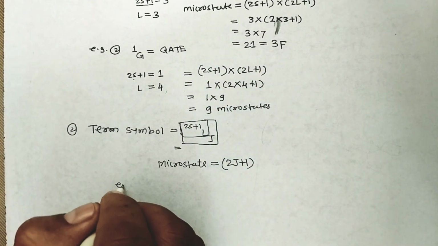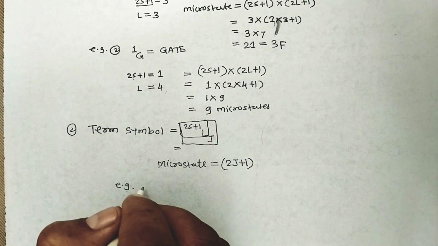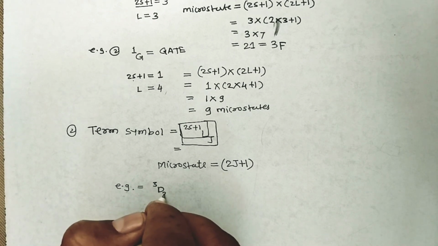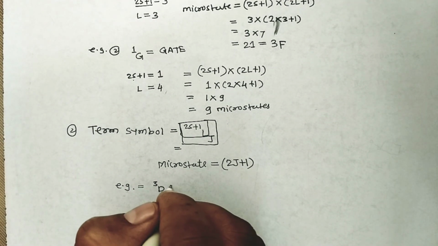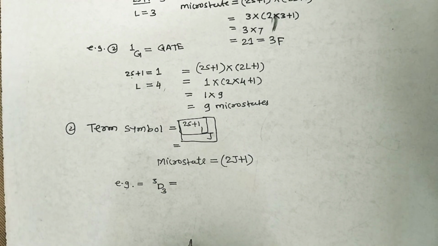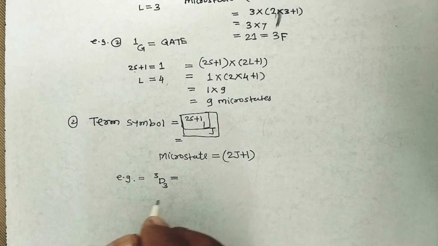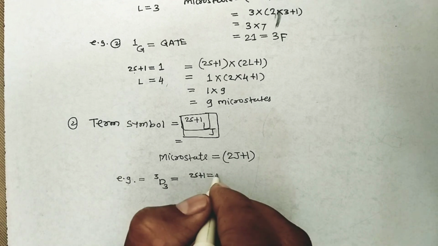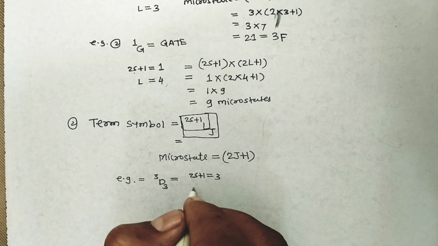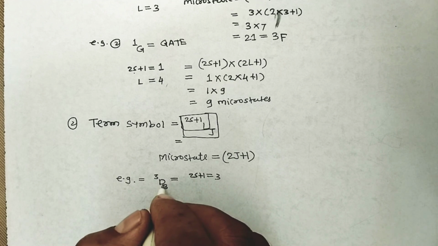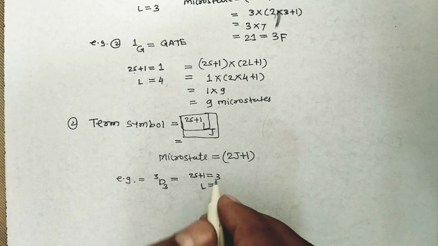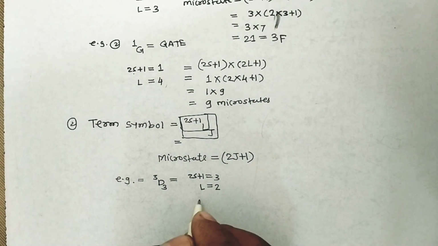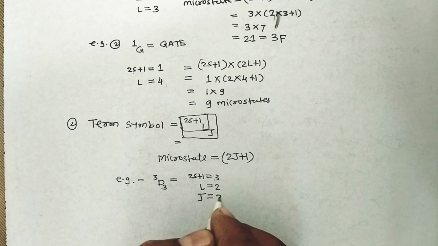For example, calculate the number of microstates for the 3D3 term symbol. Here the given 2S plus 1 value is 3. The letter is D, therefore the value of L is 2, and the value of J is also given, that is 3.